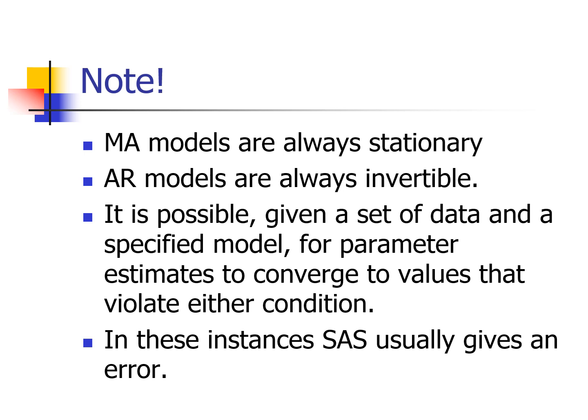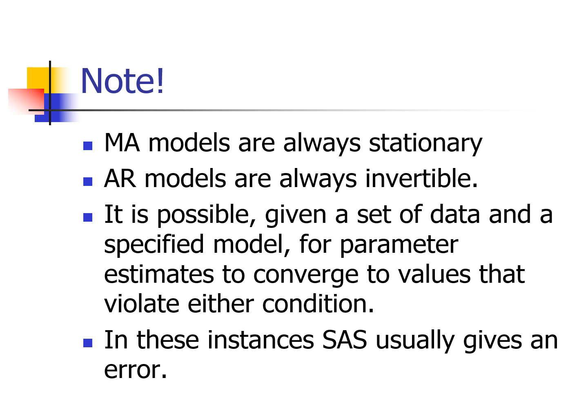On the flip side, autoregressive models are always invertible, but not necessarily stationary. That is, it's possible, given a set of data and a specified model, for SAS to create parameter estimates for values that violate some of these conditions.